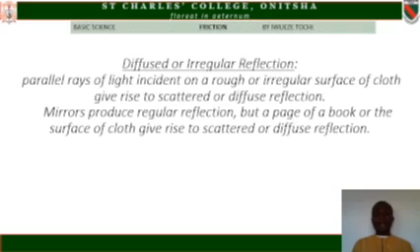Now, you can see that in regular reflection, the reflected ray is always parallel to the incident ray. But in scattered reflection, when the surface of an object is rough, the incident ray on that surface is always reflected in a scattered direction.